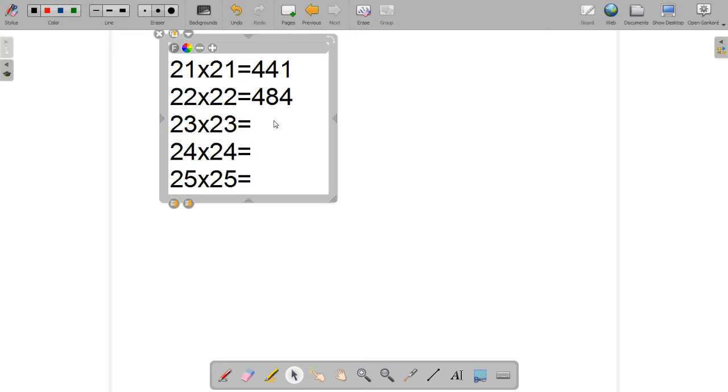Okay, now this one's a little more tricky. You could always go ahead and just do the multiplication trick. I'm thinking if there's another way. Probably not.